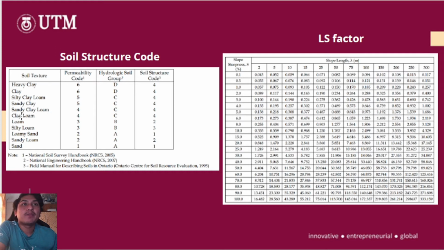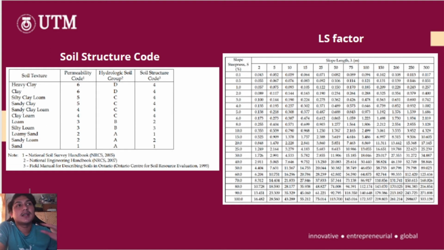For our development project, most of the soil is loam, so we choose loam as the soil texture, and the value of the permeability code is B, the hydrologic soil group is B, and the soil structure code is 2.